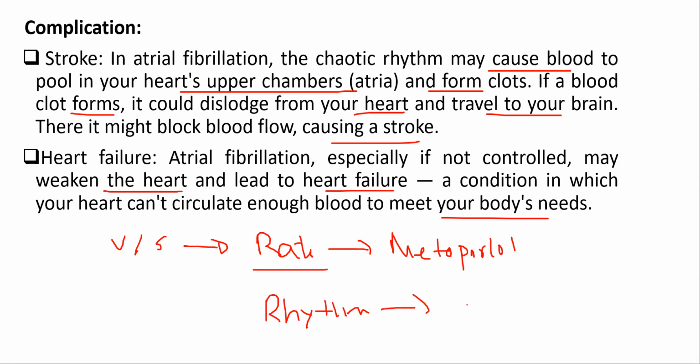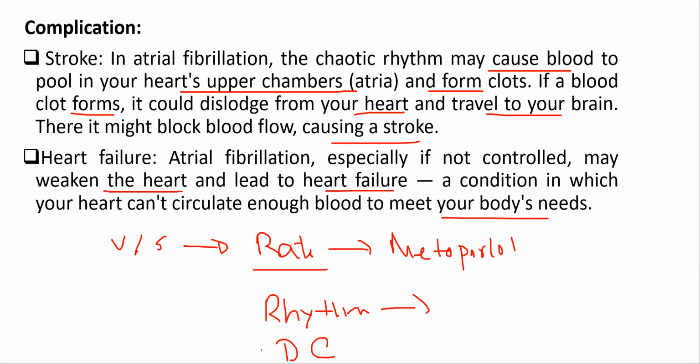Rhythm control is done by some anti-arrhythmic medications, which are flecainide, sotalol, or amiodarone. So any of the anti-arrhythmic medications you can use. Okay. If after that the patient is still in AF, then you can go for DC cardioversion.